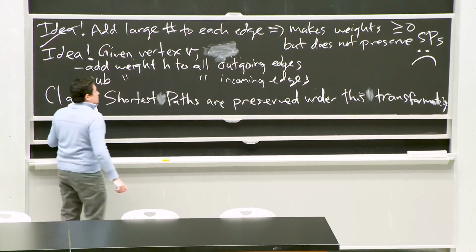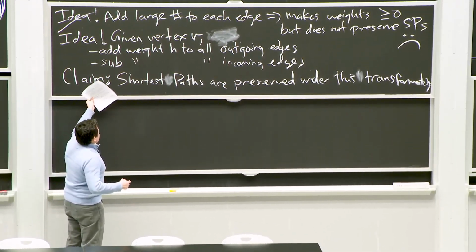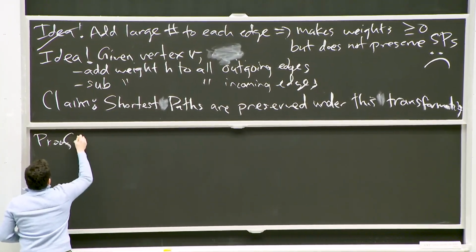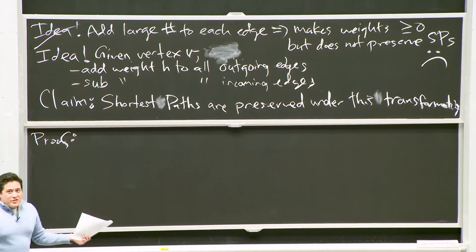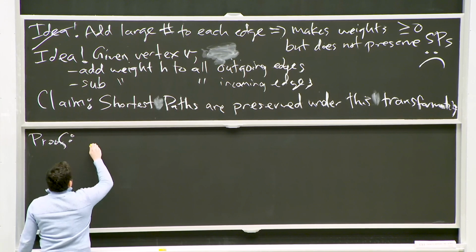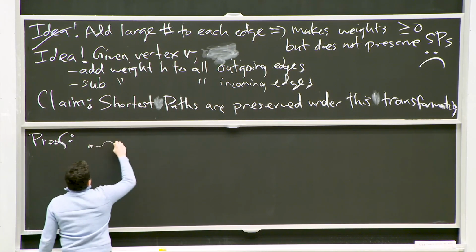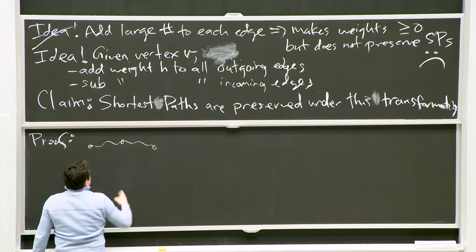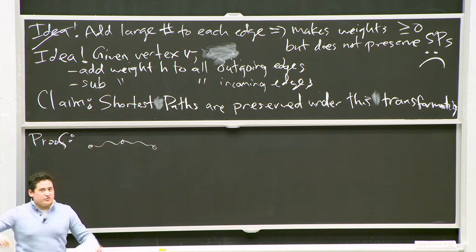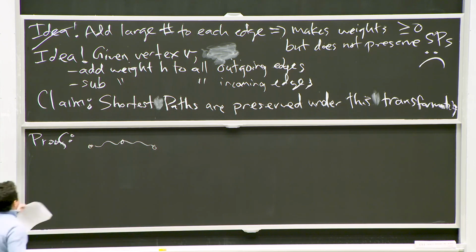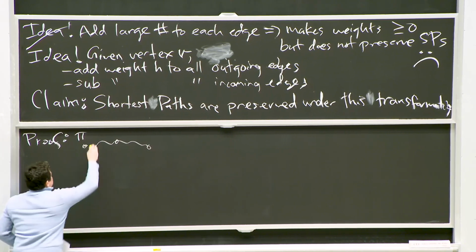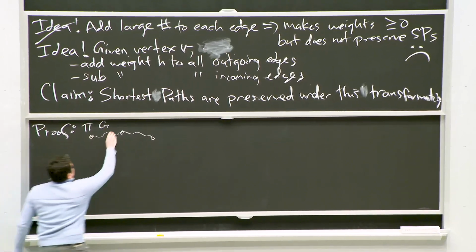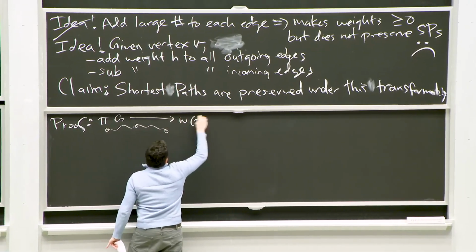And why is that? It's kind of the exact same argument that I had over there, right? Proof. Consider any path in my graph, right? The path could go through V many times, or it could go through V not at all. If I have a path in my original graph G, with path weight W of pi, this is my path.